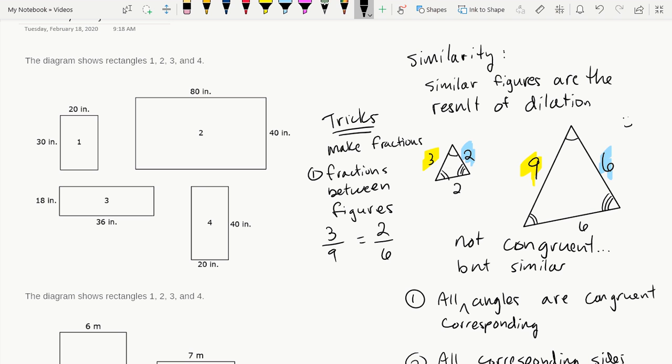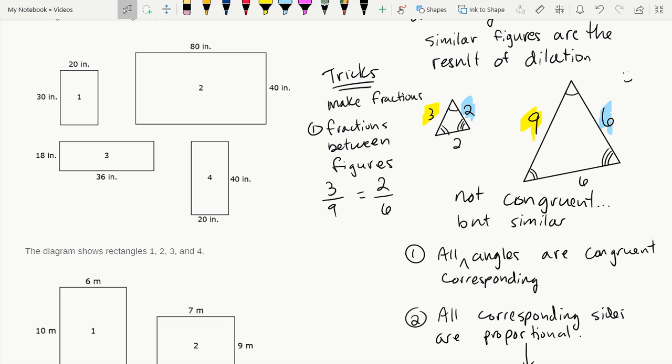If the fractions end up being equivalent, then I know that they're similar. So watch. 3 divided by 9 simplifies to 1/3, and 2 divided by 6 simplifies to 1/3. That checks out. 1/3 equals 1/3, and so yes, they are similar.